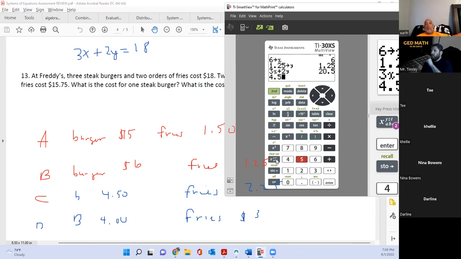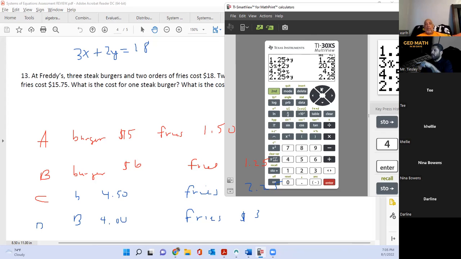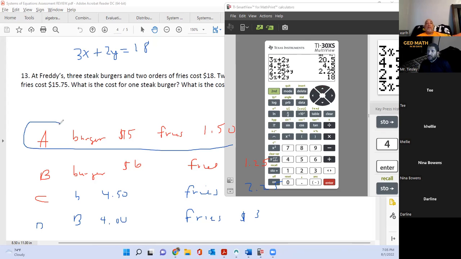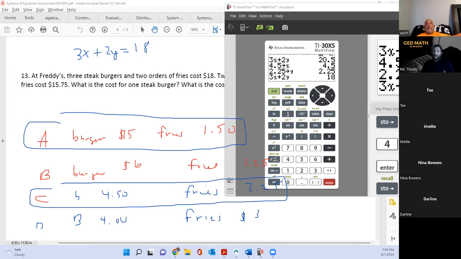Then $4.50 is x, $2.25 is y. Let's go up to the first equation and let's see if we get 18. We do. So option C worked. Let's go with D now.